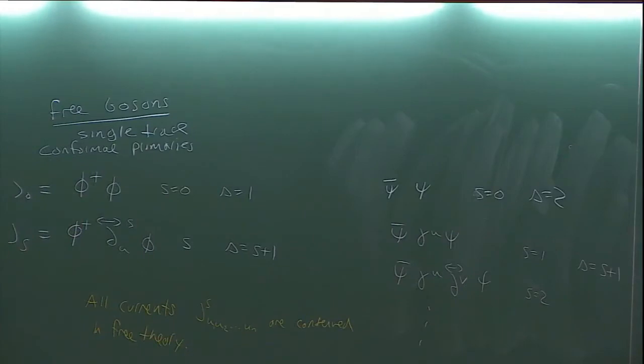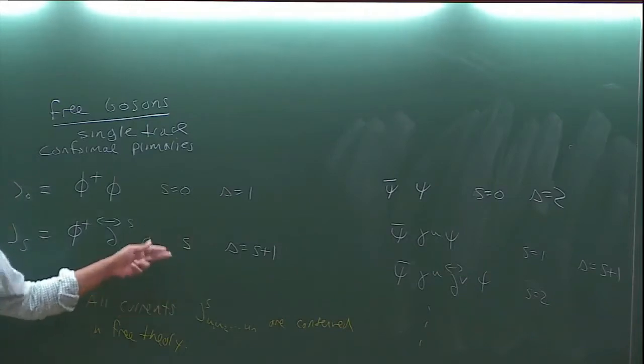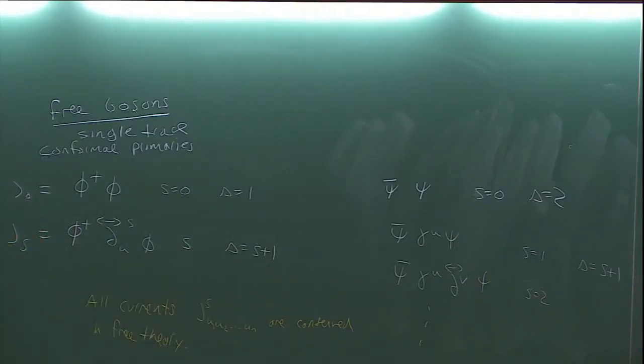This can also be seen as a consequence of the fact that these currents are in representations of the conformal group, which are characterized by scaling dimension and spin, and those representations for which Delta equals S plus 1 are short, and hence annihilated by P, which effectively means that they're conserved. Any questions or comments?